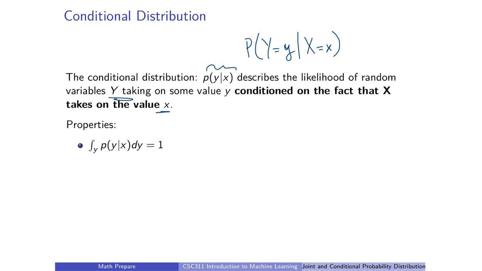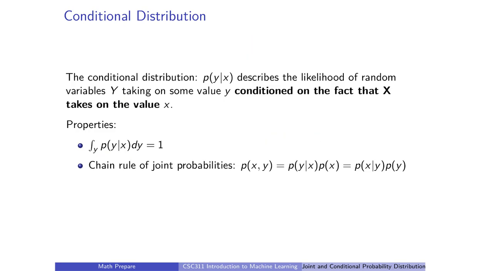Again, this is a distribution, so we have the property that if we integrate over all of the possible values that y can take, that's going to give us 1. And likewise, if y is a discrete quantity, then this summation over all of the possible values that my y can take is going to give me 1 as well.